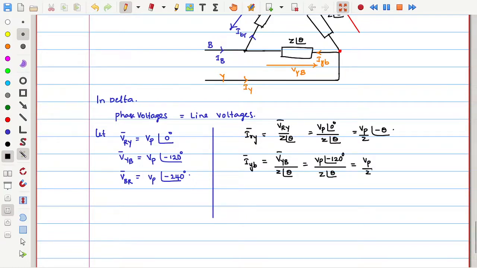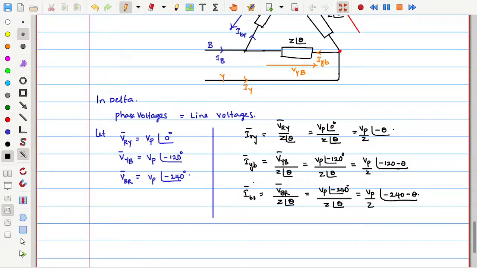Vp by Z at an angle of minus 120 minus theta degree. Similarly, IBR, its corresponding voltage is VBR divided by Z at an angle theta, which is equal to Vp at an angle minus 240 divided by Z at an angle theta, which is equal to Vp by Z at an angle of minus 240 minus theta.